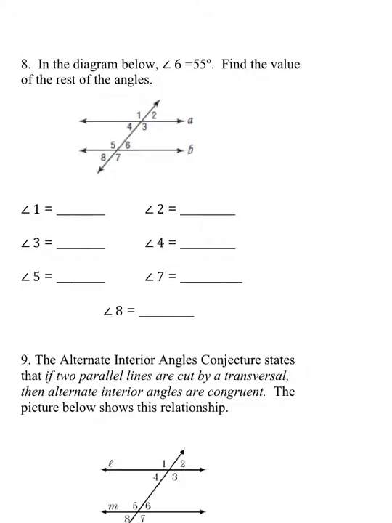In the diagram below, angle 6 is 55. Find the value of the rest of the angles. Again, couple things should be true. Only 2 numbers should be an answer here. 55, and then what makes 55 add up to 180? So, what's 180 minus 55?